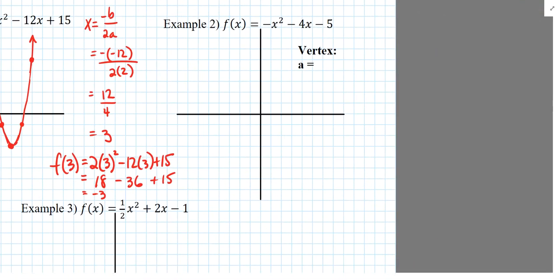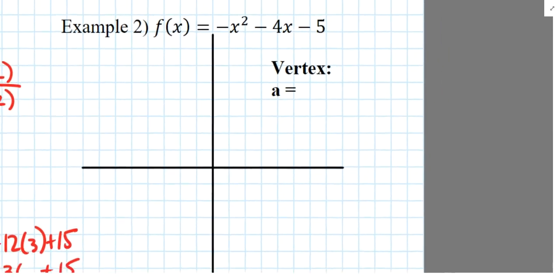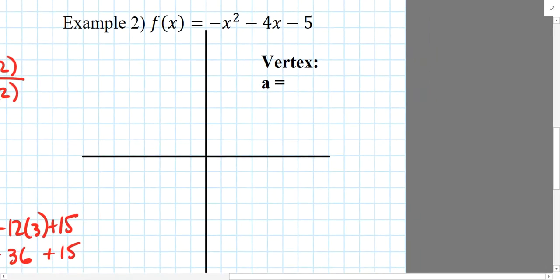Example 2. F of x equals negative x squared minus 4x minus 5. Please pause the video and try this example on your own. Resume playback in a moment to check your work.